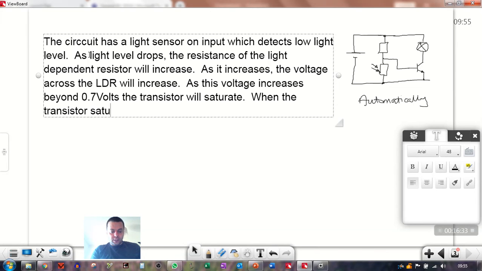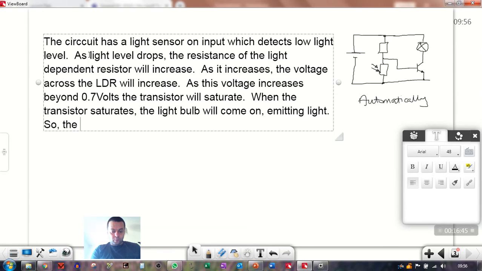When the transistor saturates, the light bulb will come on and emit light. So we get light out of the system when it is dark.